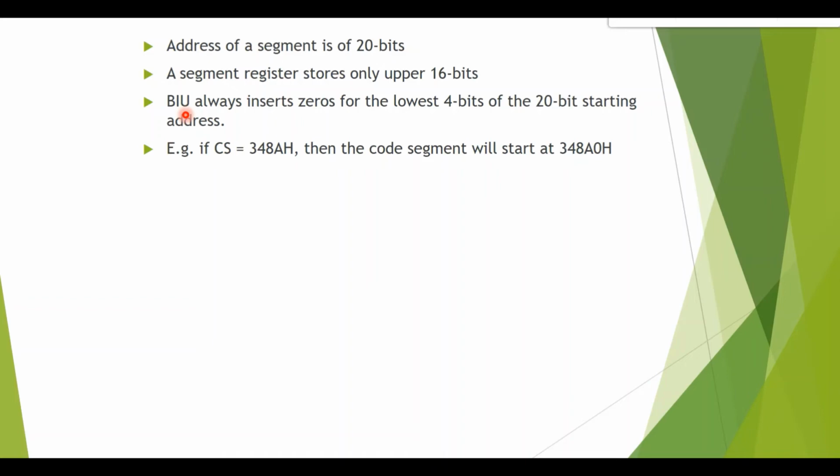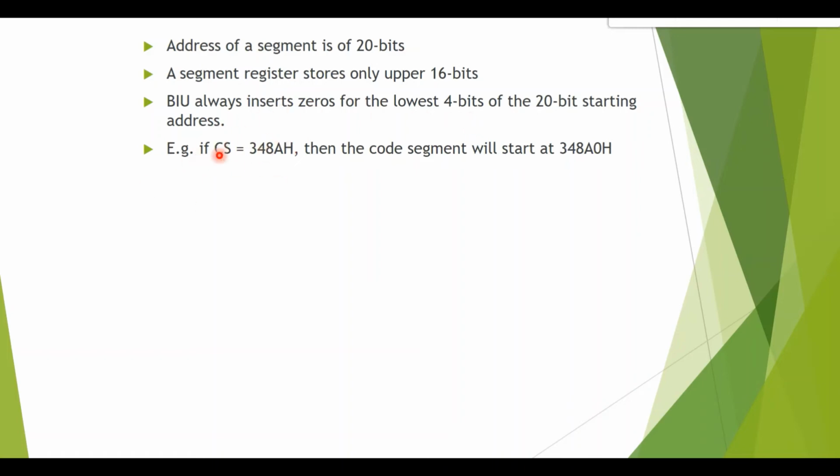Later on, we discuss both. In the bus interface unit, to generate the 20-bit starting address of the particular segment, we insert zeros in the lowest 4 bits. Okay, in the lowest 4 bits, we insert 4 zeros.